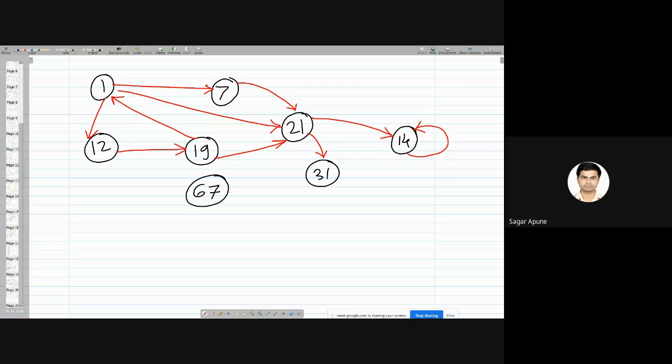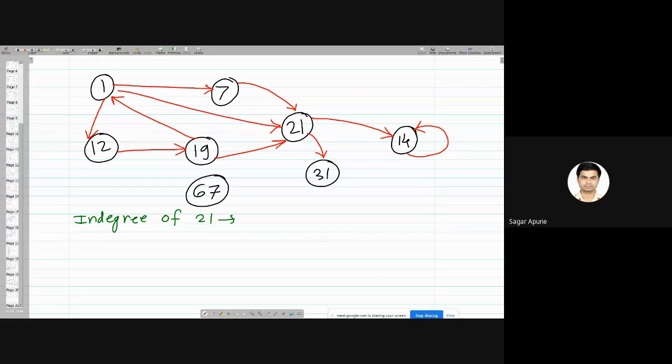Okay, consider this graph and tell me the answer. First, tell me the in degree of 21.